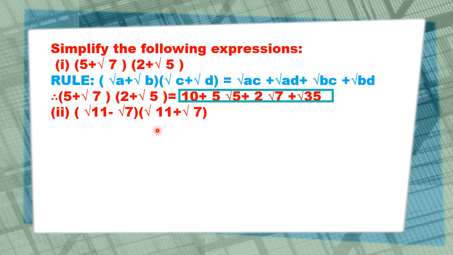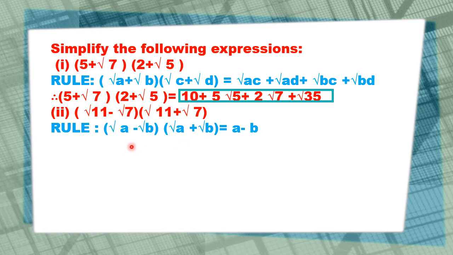Here is the next example. Here the rule is a different identity. It is (a minus b) and (a plus b). But since it is root, we can say it is (root a minus root b) and (root a plus root b).